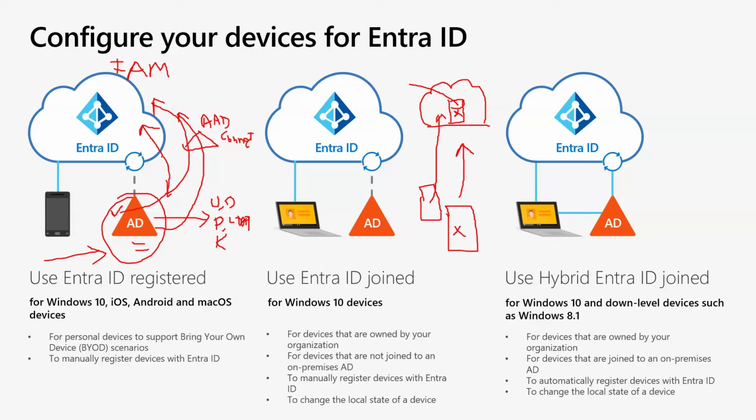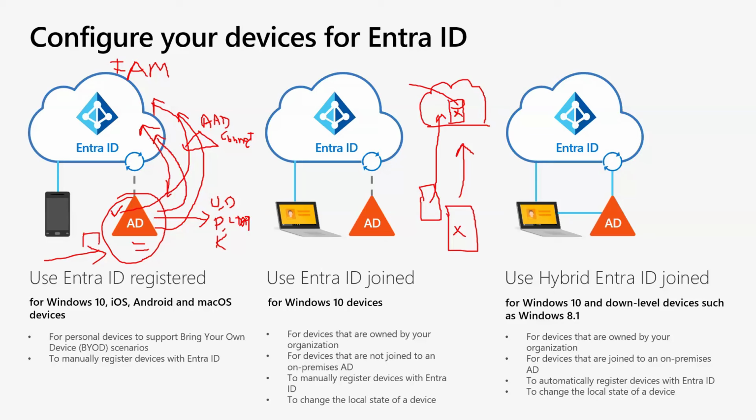And then later on, as and when Microsoft came up with things, they started adding attributes. The recent one was the device attributes. Devices were never synced for a long time, for 3-4 years after Azure AD or Office 365 was introduced. Now we synchronize devices that were joined to Active Directory.